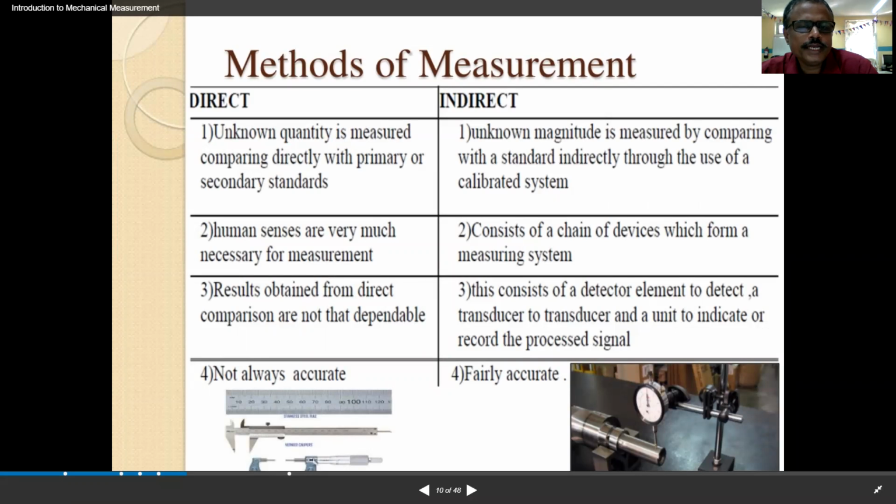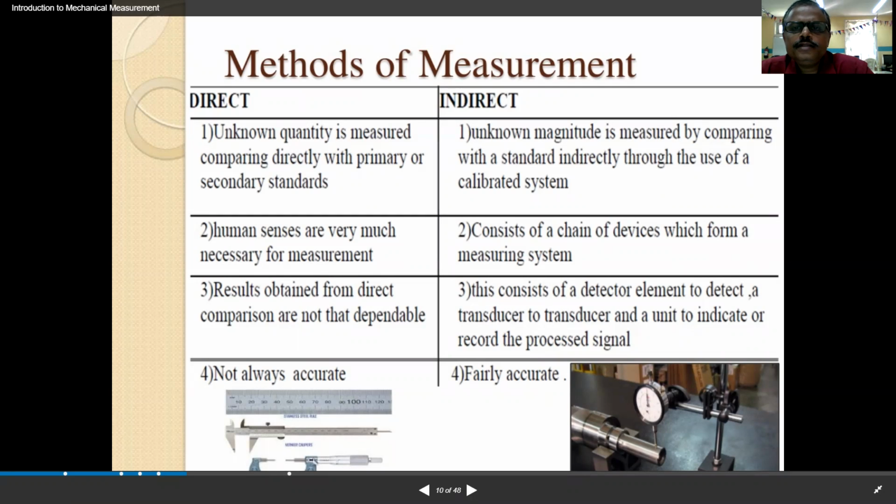Then which one is better and which one is not better, we can think of. In the direct method of measurement, the unknown quantity is measured by comparing directly with the primary or secondary standards. The unknown quantity is measured directly with the established standards, that is direct comparison.